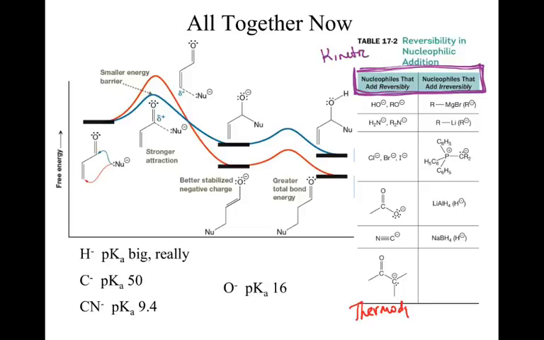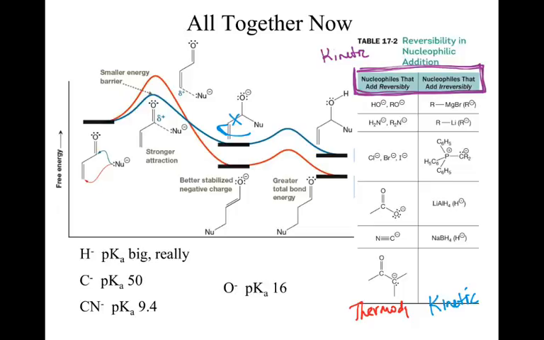If it reacts with the kinetic reversibly, with those strong nucleophiles, then I get the thermodynamic product. If it adds irreversibly, then what I end up with is the kinetic product instead of the thermodynamic, because I can't reverse.